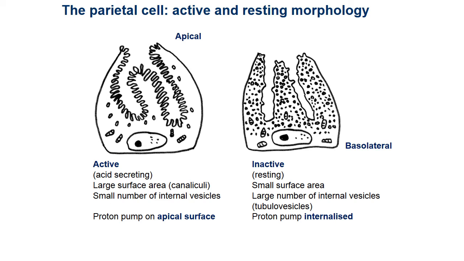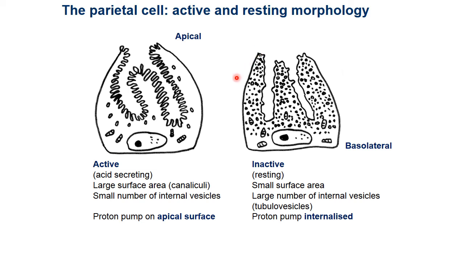This is when the H2, the M3 and the CCK2 receptors are all activated, and this actively secreting cell is characterized by a large surface area of the apical membrane, so all these protrusions are formed, and conversely there is only a relatively small number of internal vesicles, and so the proton pump is located in this case on these protrusions of the apical membrane.